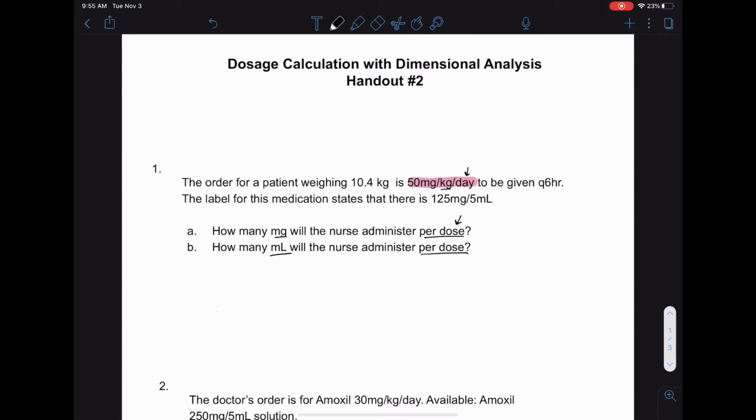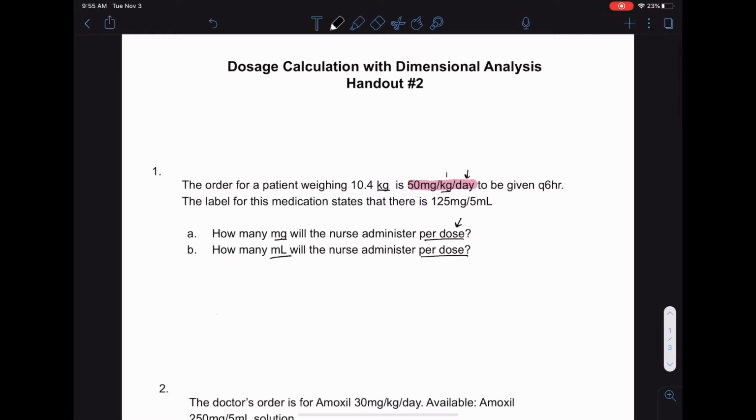First, kilograms and kilograms. The weight that we have for this patient is already in kilograms, so we don't need to do any conversions there. What this problem is saying is that for every 1 kilogram of weight, we're going to be giving 50 milligrams of medication. That's really just a simple multiplication problem, and even simpler since it's already in kilograms.